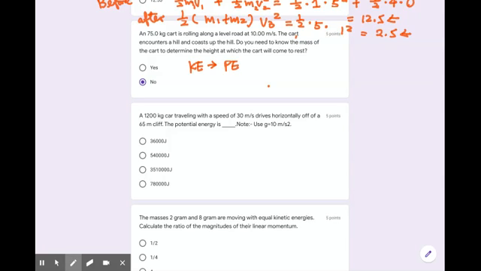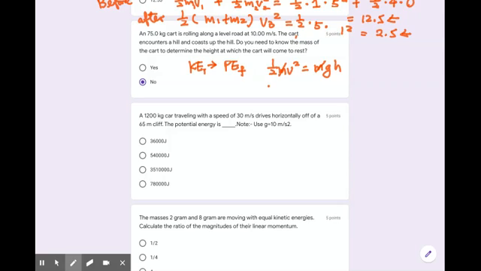So they're equivalent. What you start with as kinetic energy is what you end with as potential energy. So half mv squared is equivalent to potential energy, mgh. Actually, both have m. You can cancel the m out. You don't really need to know the mass to determine how high it goes.